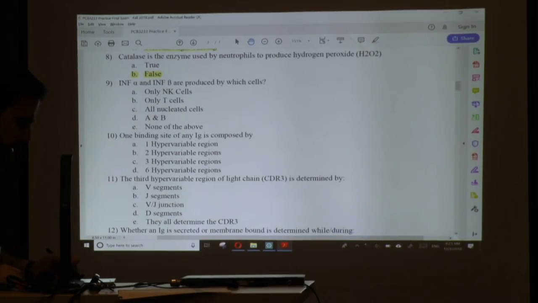Anyways, interferons. Interferon alpha and beta are produced by which cells? What did interferon do for our cells? Let's say an epithelial cell. When would an epithelial cell in my sinuses produce interferon alpha and beta? Does anybody remember? So interferon alpha and beta are made whenever you have a viral infection, right?